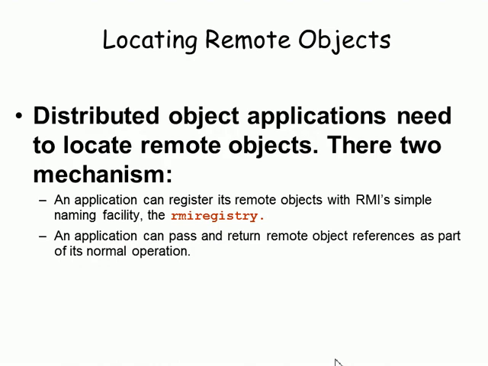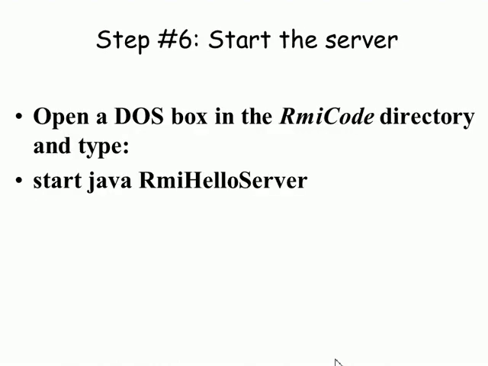It is Control C. Yeah, I thought it might be. So this is what I would do from the command line. I would type start in DOS, Java, which would run the Java virtual machine, and then RMI hello server, and then that would invoke the RMI hello server in its own task inside of a window in DOS.